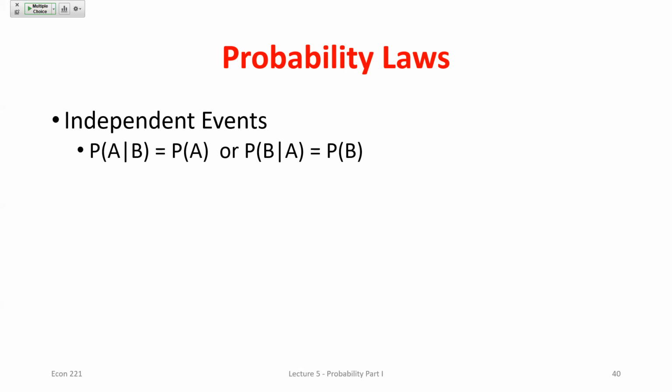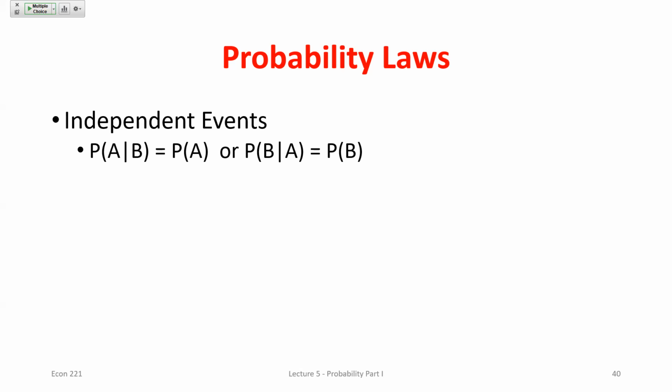The intersection was 0.25. The probability of B was 0.5. And I get that the conditional probability of A, A conditioned on B, is the exact same as the unconditional probability of A.